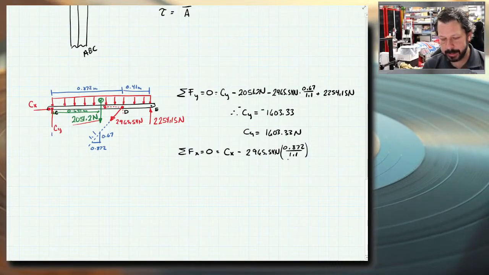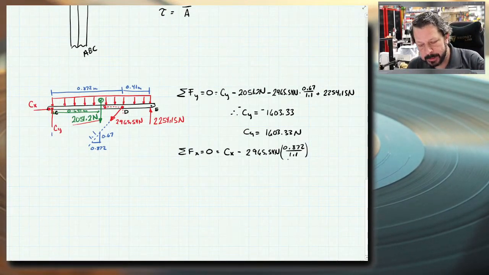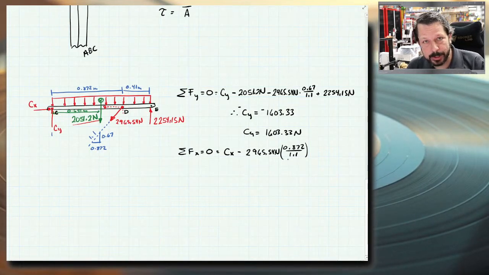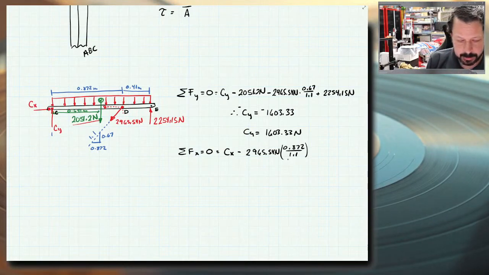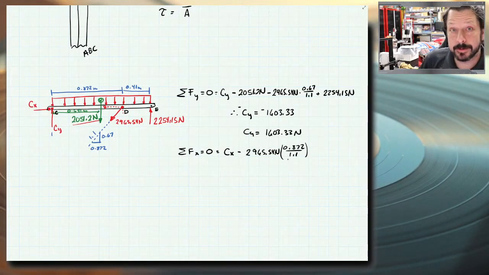Multiplying by that gets me the X component. You don't have to do the rise and run and hypotenuse. If you're more comfortable calculating the angle and taking the cosine, that's totally fine. But if you get comfortable using this, it might speed things up slightly, because you don't have to calculate the angle just to take the cosine. This is the cosine or the sine of the angle; it depends on what angle you're talking about.